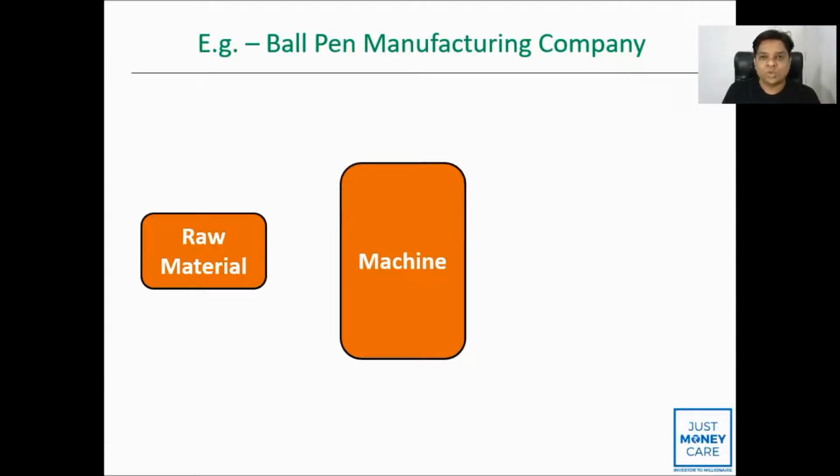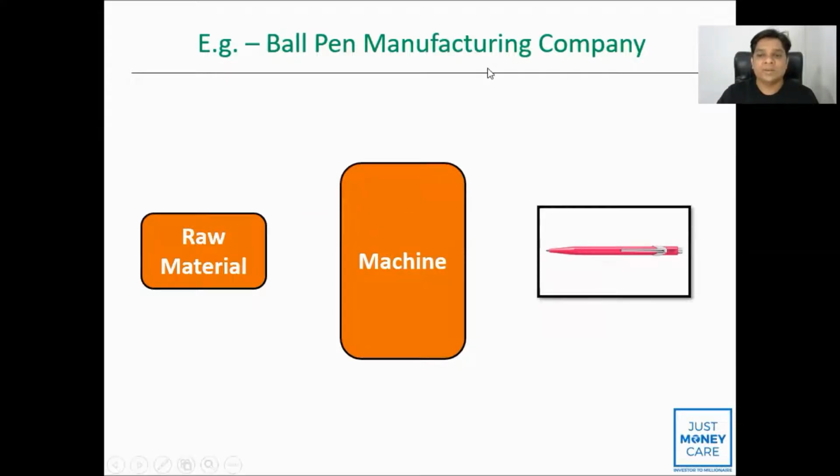These are the raw materials they need to put in the machine which you are seeing here, from here to here. The machine works at different levels, and finally it gives you the desired result, the ball pen. So you put raw material into the machine, it works through different stages, and after that it produces the final product, the ball pen.